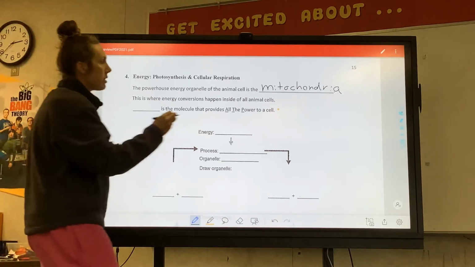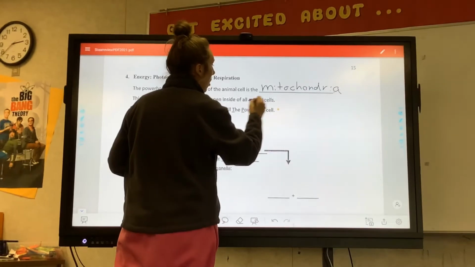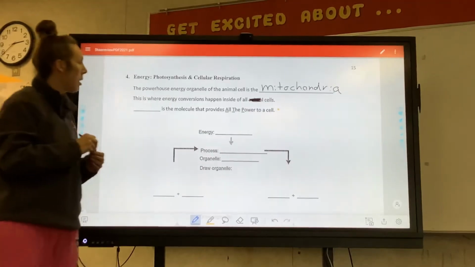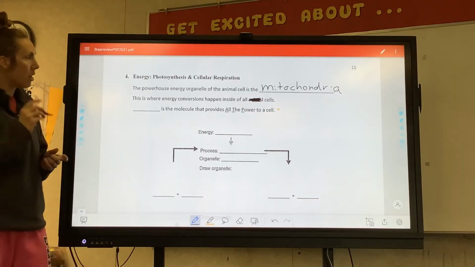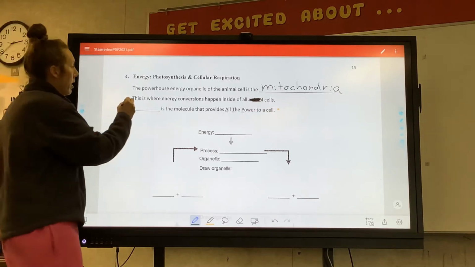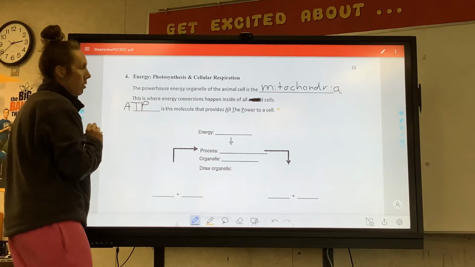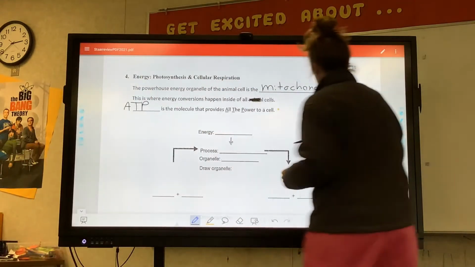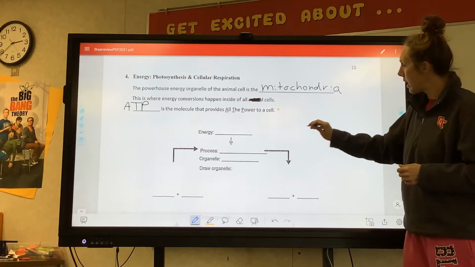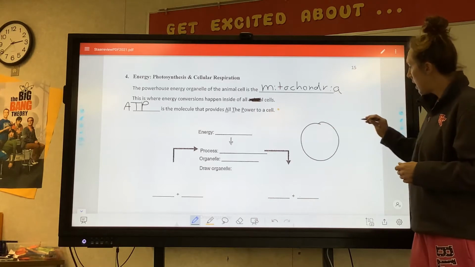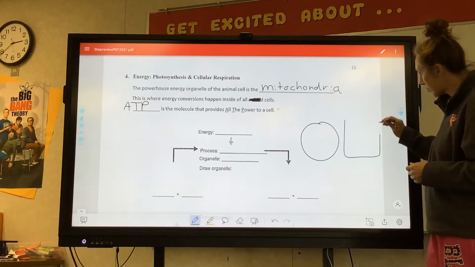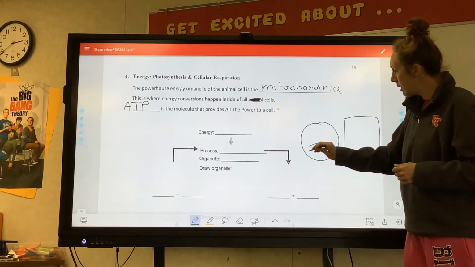And actually it's inside of both cells, in all cells. Okay? Blank is the molecule that provides all the power to a cell, and that's ATP. Okay? So, the only difference between an animal cell and a plant cell, they both need the mitochondria.